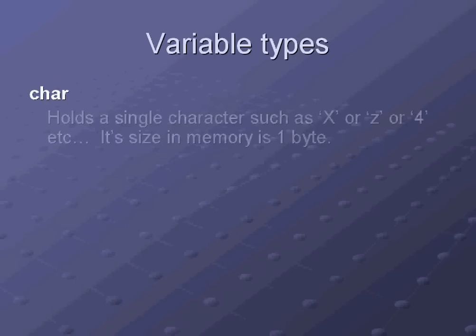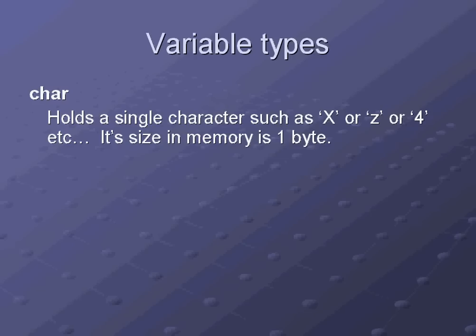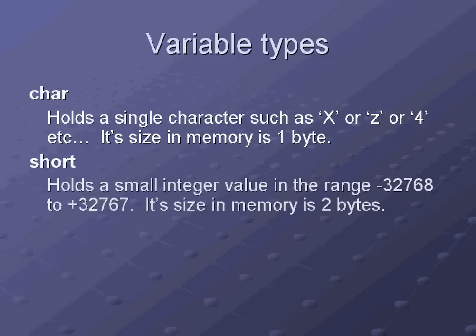So we have our variable types. We have a character, which holds a single character as said, such as x or z or 4, etc. In terms of memory for the character, its size is 1 byte. That'll come in handy when we get to pointers. Then we have a short, which holds a small integer value in the given range, and its size in memory is 2 bytes.